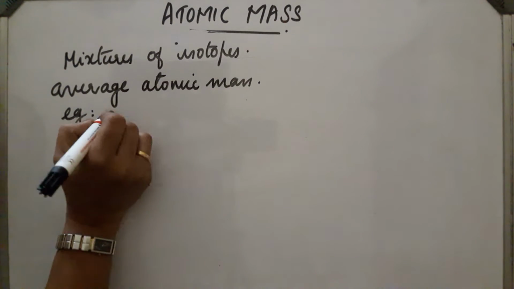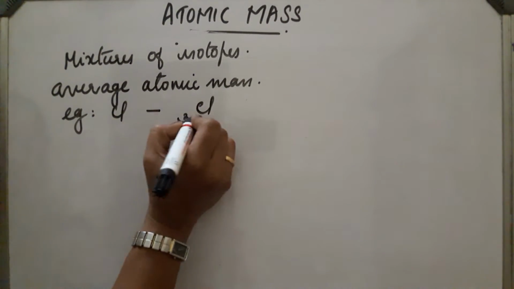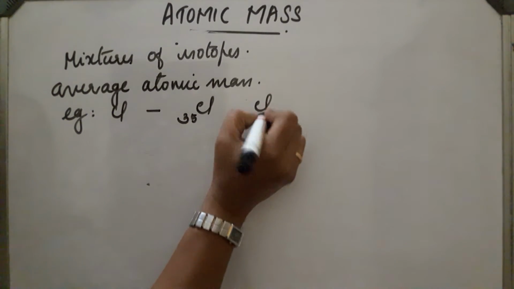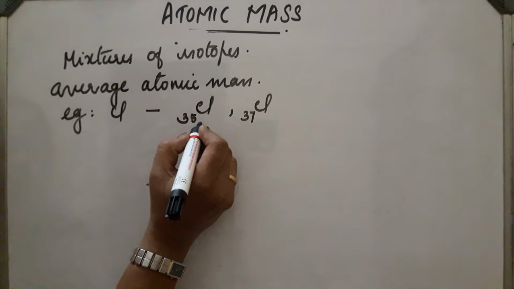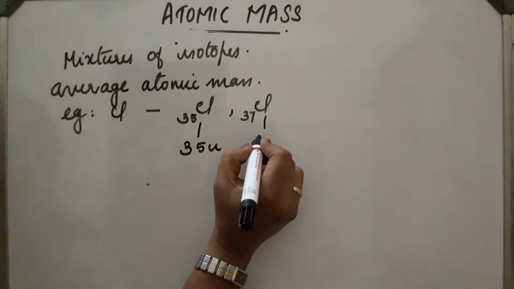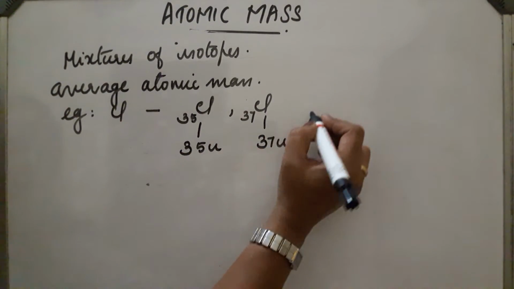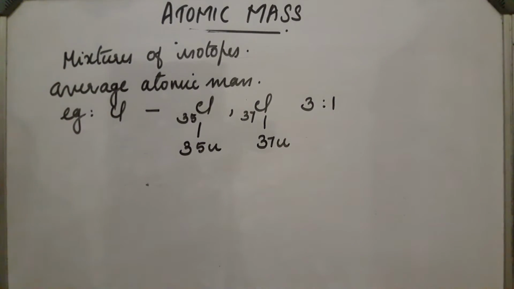Chlorine exists as two isotopes, chlorine-35 and chlorine-37. One has atomic mass 35 U and the other has atomic mass 37 U, and these are present in the ratio 3:1. Now how can we calculate the average atomic mass?